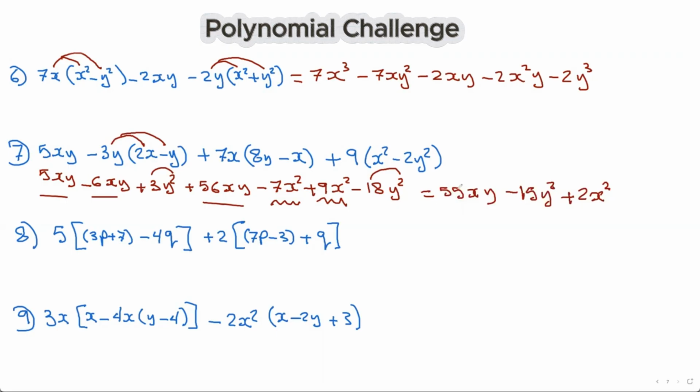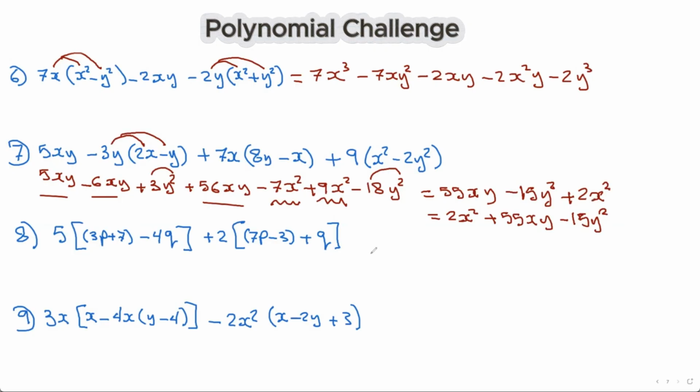Now, the order that you write these in doesn't matter. You could write them in any order you wish. So you could rewrite these as 2x squared, for instance, plus 55xy minus 15y squared, if you wish, and that's fine as well. Or you write it as negative 15y squared plus 55xy plus 2x squared, and that's fine as well.